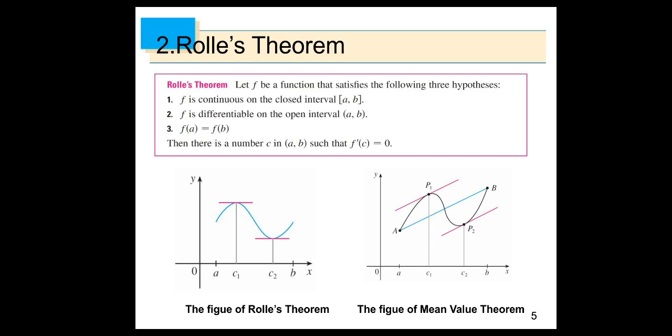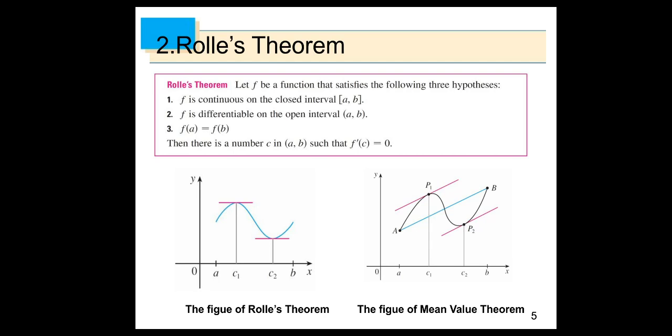You can see an example on the left side, a figure of Rolle's theorem. You can see that f prime of c, the derivative, is equal to 0. The slope is definitely 0 at both the c1 and c2 points.